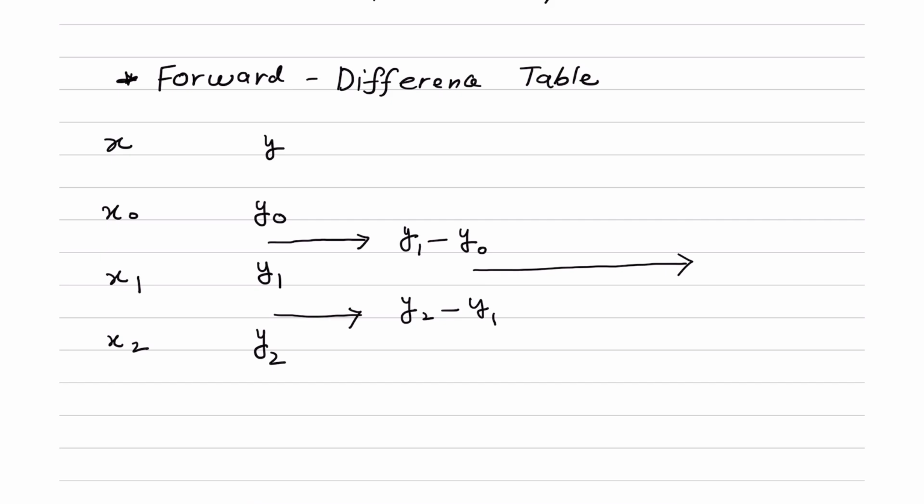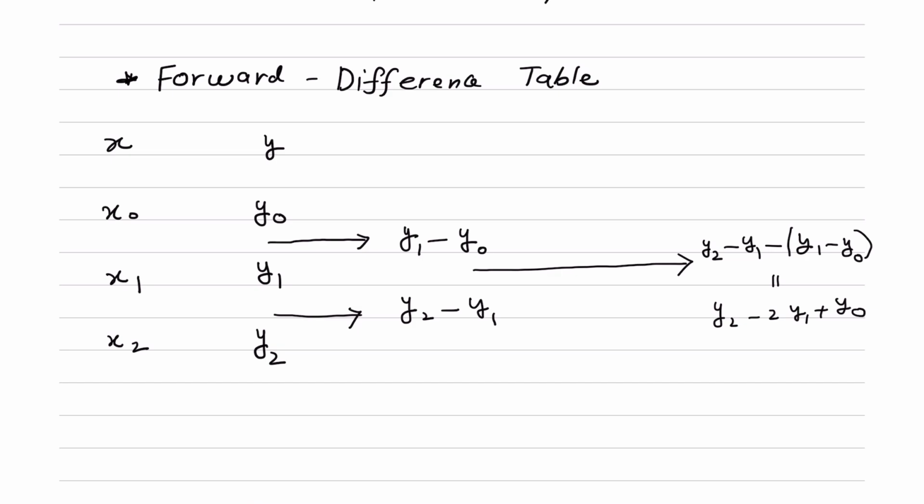Here the second value is y2 minus y1 minus the first value is y1 minus y0, because the arrow is in between y2 minus y1 and y1 minus y0. Simplify this and it becomes y2 minus 2y1 plus y0. So we have constructed a forward difference table. It's just about calculating the differences.